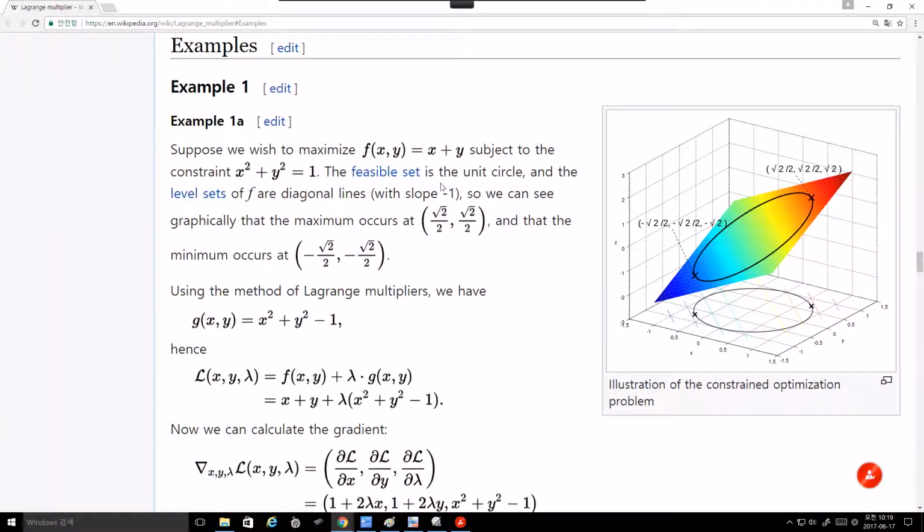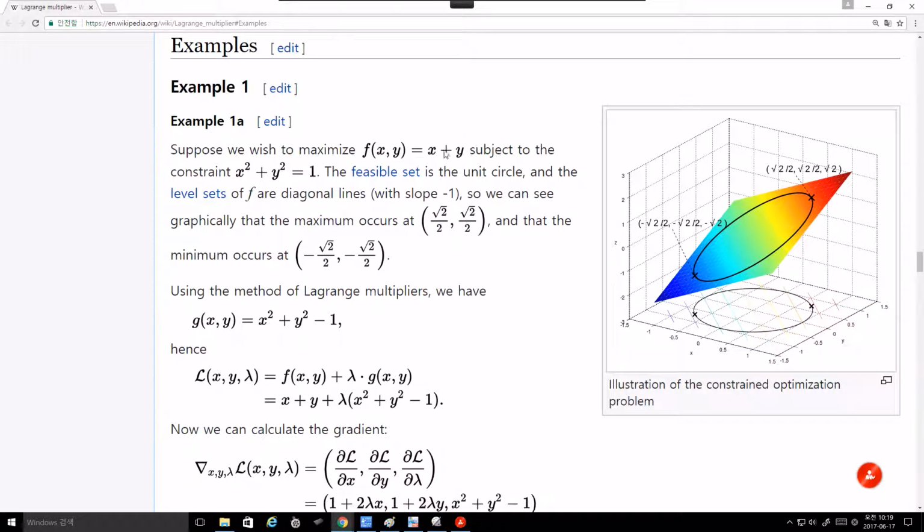Example 1. Now, suppose we wish to maximize f(x,y) equals x plus y, subject to the constraint x squared plus y squared equals 1, right? So the problem is like this. x plus y is like a plane, a three-dimensional plane. As x increases, y increases, this increases.